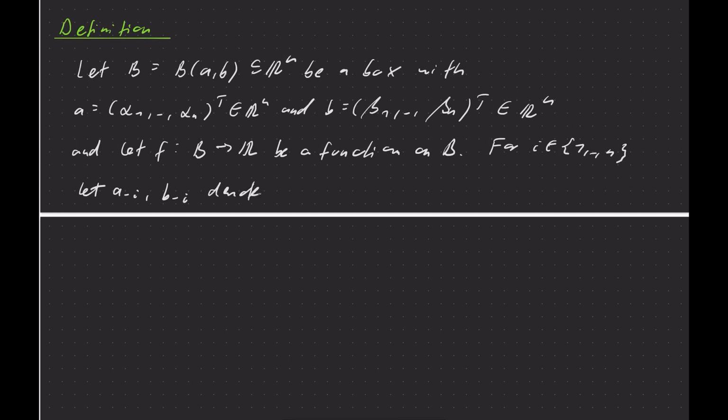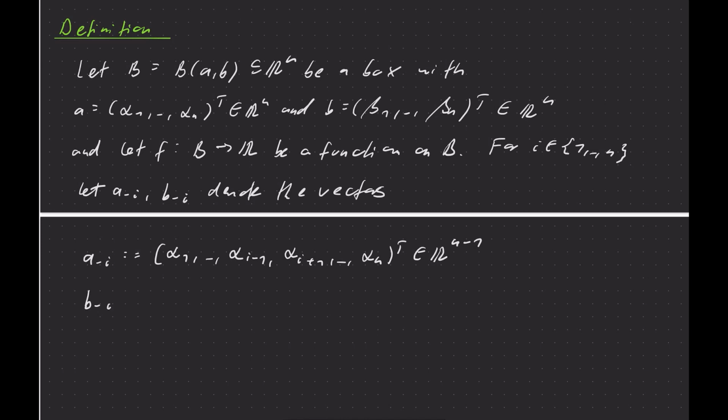So A minus i is defined as the vector alpha 1 to alpha i minus 1, then the ith coordinate is missing, and we continue with alpha i plus 1, and then the others up to alpha n. Okay, so that's a vector with one coordinate less than the original one, so it's in R^(n-1). And B minus i is defined in the same way.